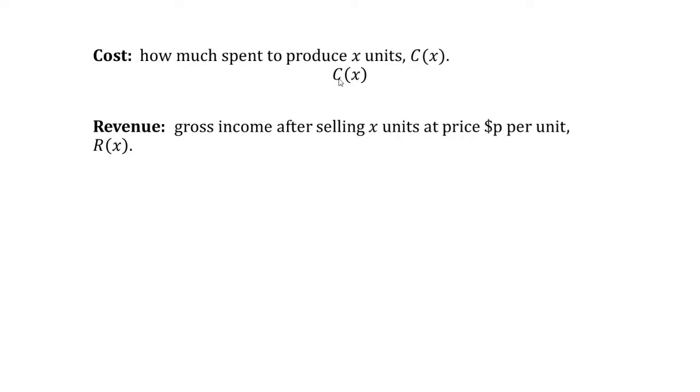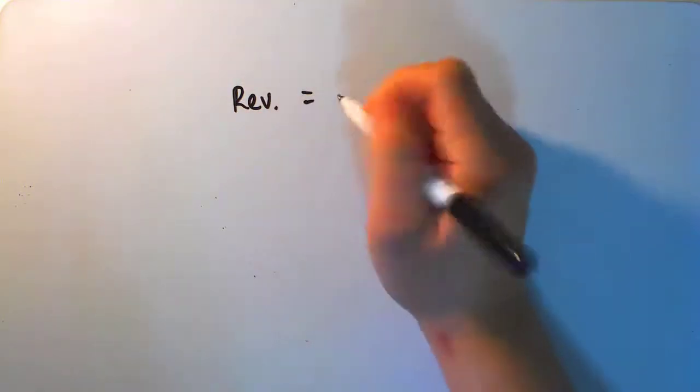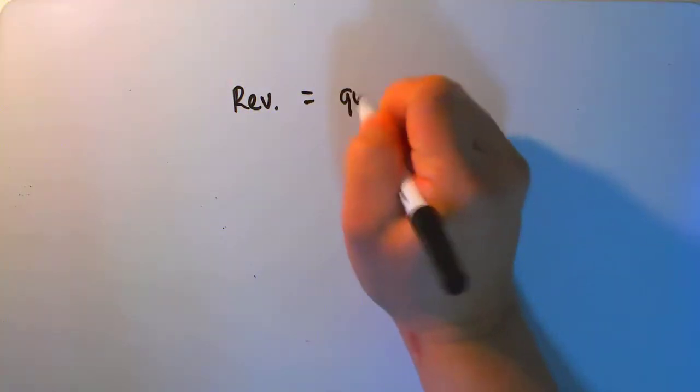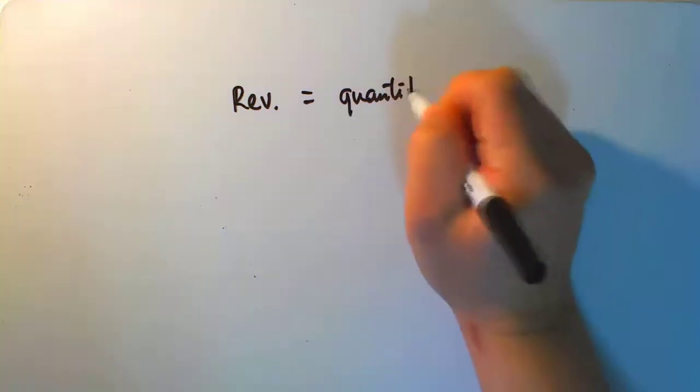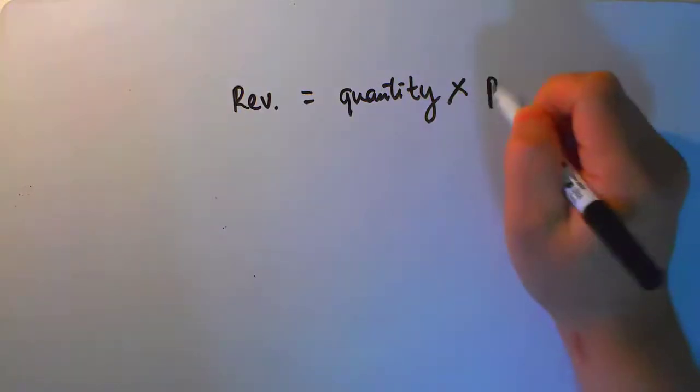Straight from the definition, revenue is simply the price times the quantity: how many of those units you can sell, multiplied by the price.